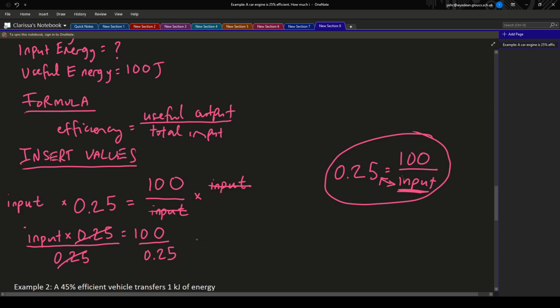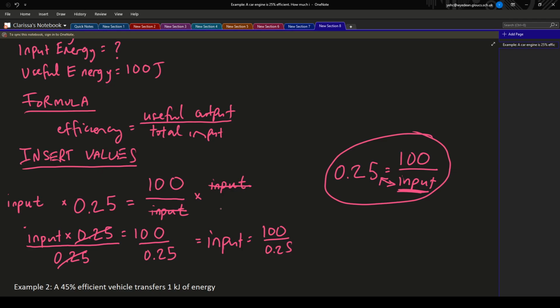So notice how input went to where 0.25 was, and 0.25 went to where input was. So this is just a quick way to rearrange. You don't have to do all of these steps of canceling out twice, because in order to solve for a variable that's at a denominator, you have to rearrange twice, which is a faff.